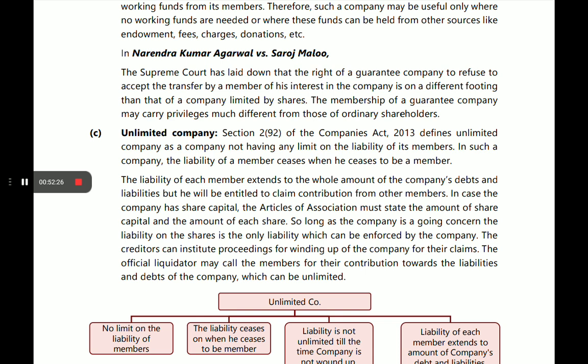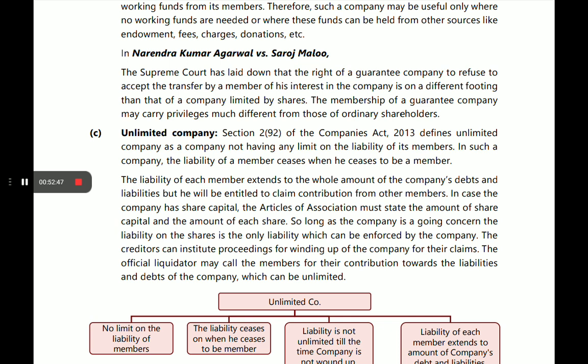Unlimited company. Section 2, subsection 92 of the Companies Act 2013 defines an unlimited company as a company not having any limit on the liability of its members.